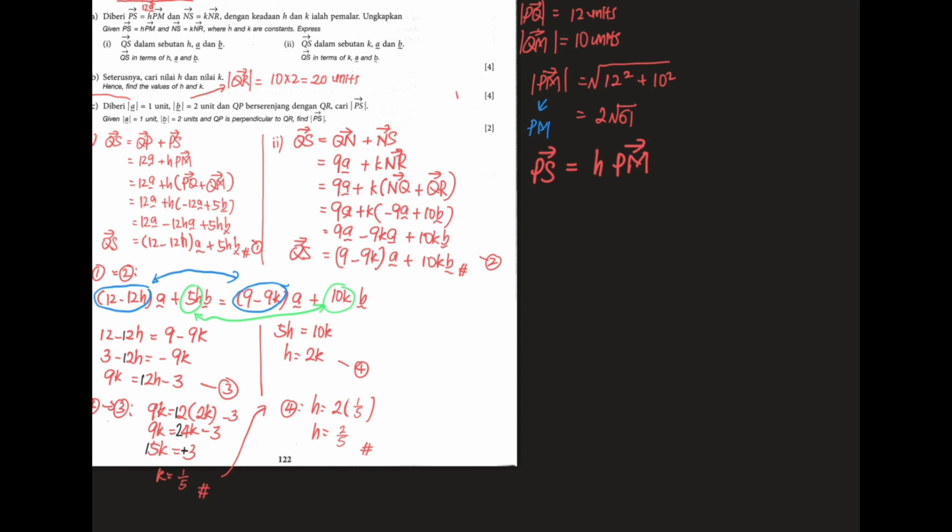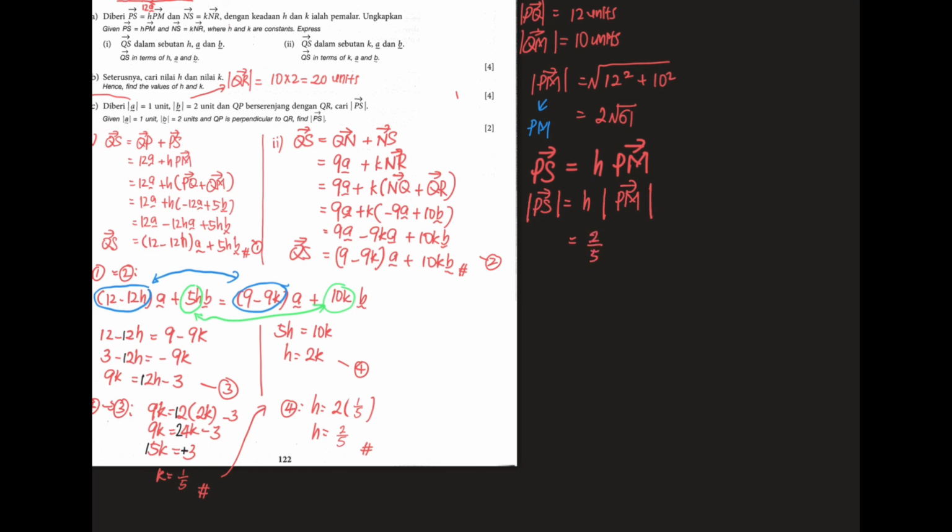And let's come back to here. Okay, PS equal to HPM. This is where we stopped just now. So the H is now correct already, 2/5, I put here. Okay, so I change both sides to modulus, and then I'm going to find modulus PS.